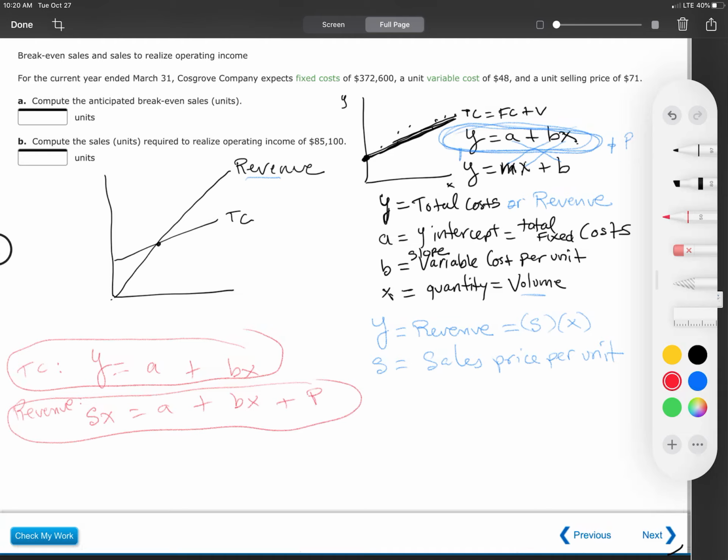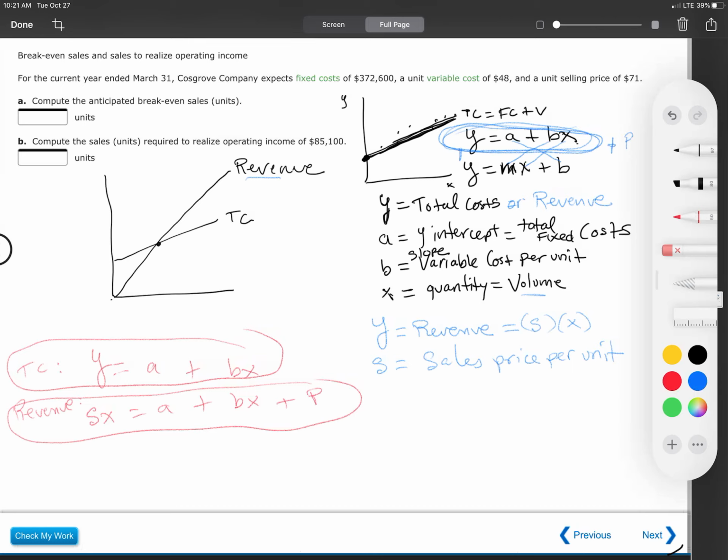Now, the chapter teaches you some shortcuts, but those shortcuts end up being a nightmare in the long run. If you just learn this formula, it really helps you to not get lost in all of this.